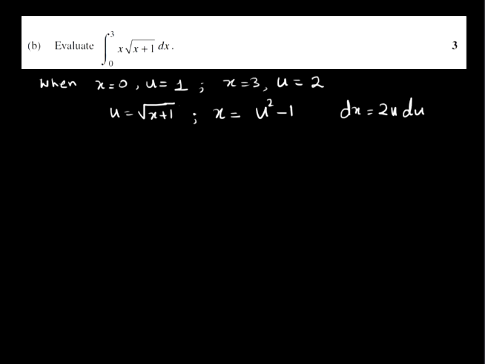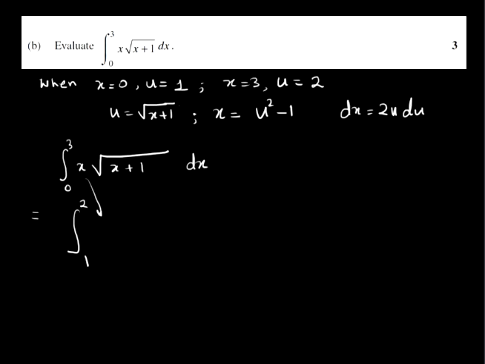Okay, so I've cleared the board and rewritten the solutions we had from the previous slide. So to evaluate this integral, I'm going to just rewrite it here as the integral from 0 to 3 of x square root of x plus 1 dx. This could be rewritten with limits 1 to 2.